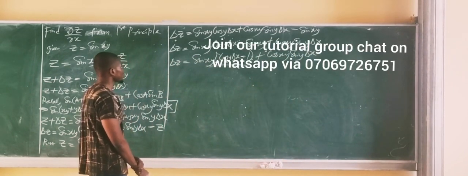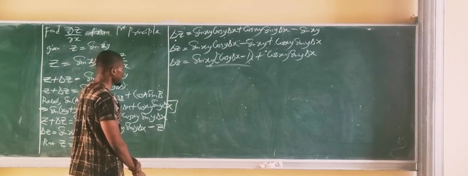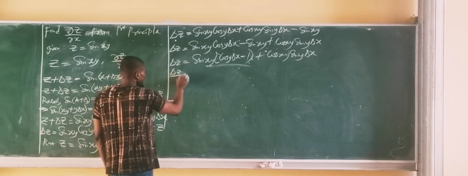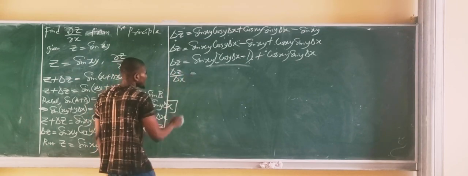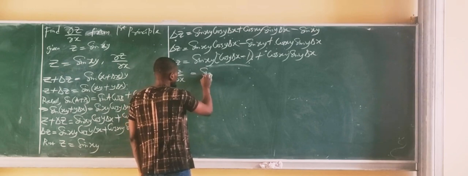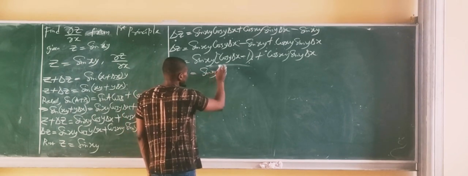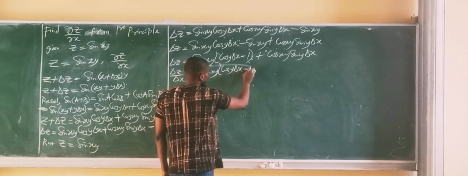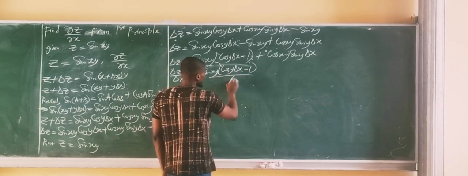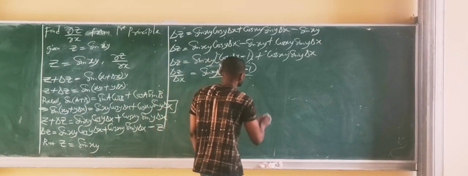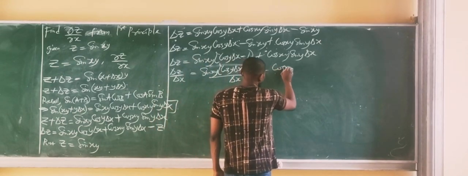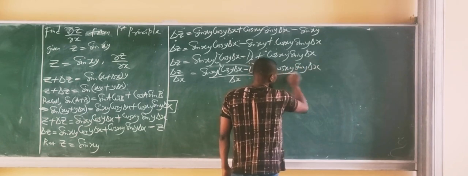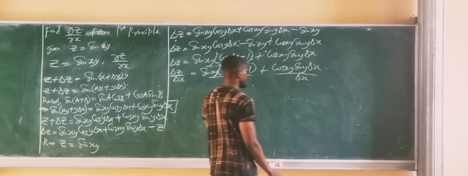At this point, you divide both sides by change in x. So I will have change in z divided by change in x equals sine xy into (cos (y change in x) minus 1) all over change in x, plus cos xy sine (y change in x) all over change in x.